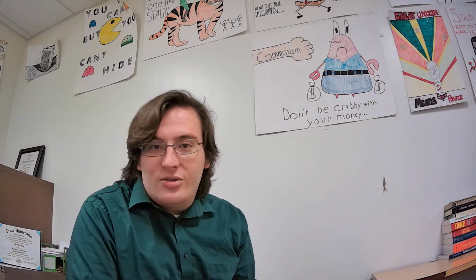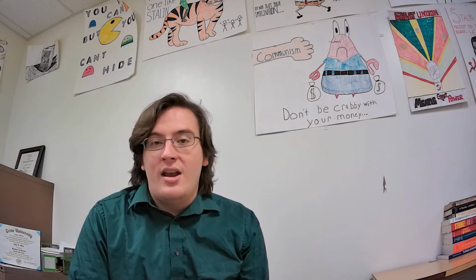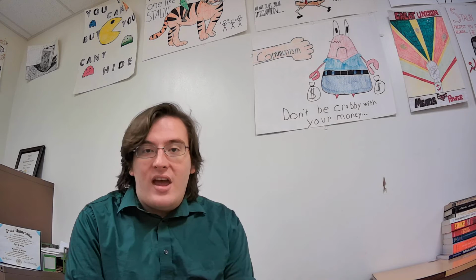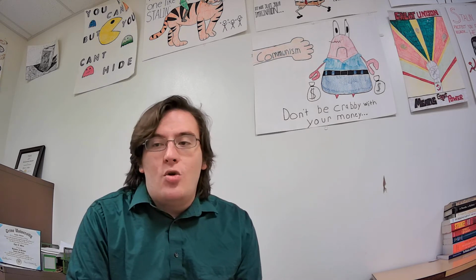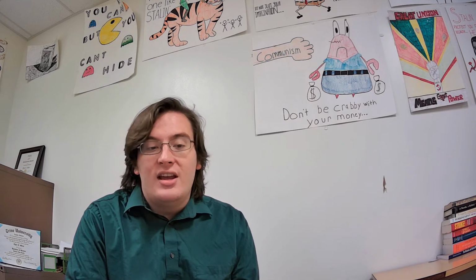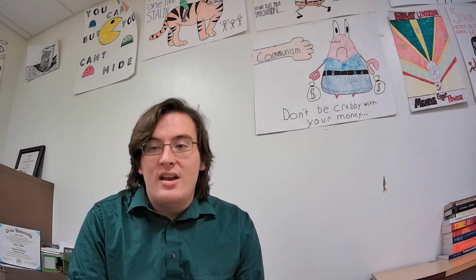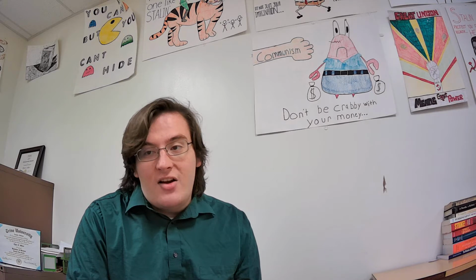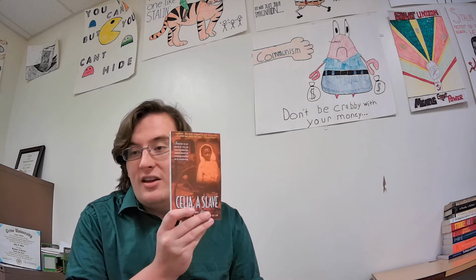A secondary source is a source that's written, not necessarily after the fact, but by somebody who did not actually participate in, witness, or live through the event. An example of a secondary source that you have would be Celia.